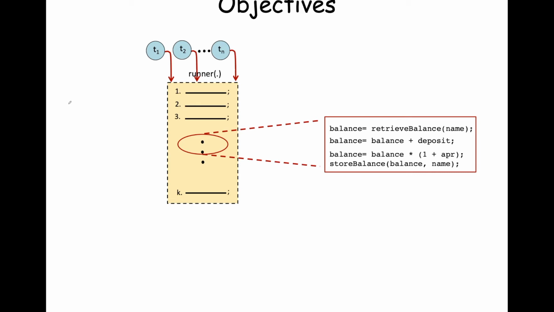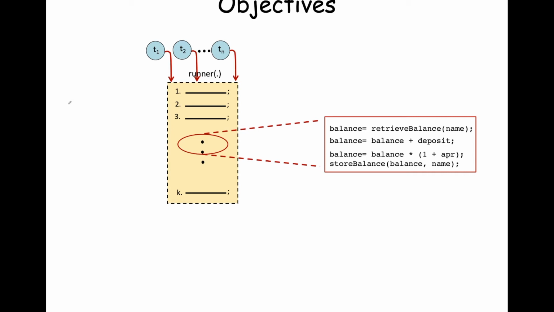This particular code snippet retrieves a balance based on the name of some account holder associated with a bank, for example. It adds a deposit to this balance, gets a new balance, and then it compounds interest, the balance times 1 point something, where it's 1 plus the APR. So it compounds the interest and then stores back that balance.